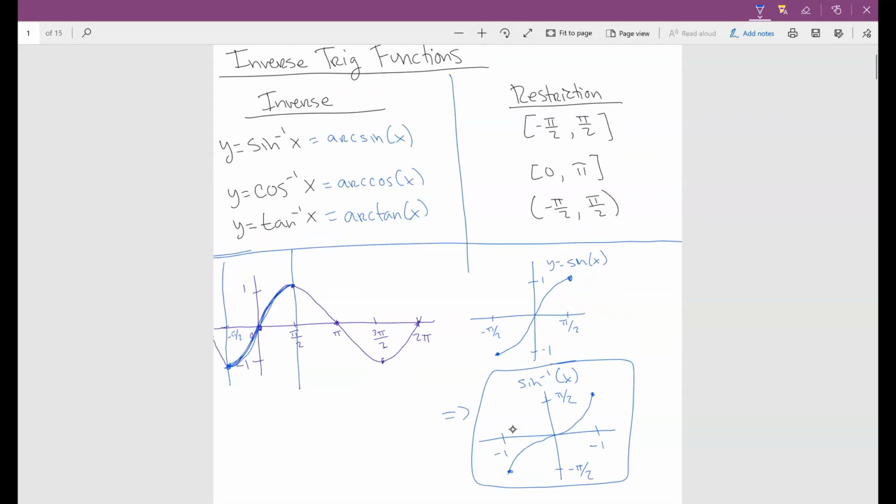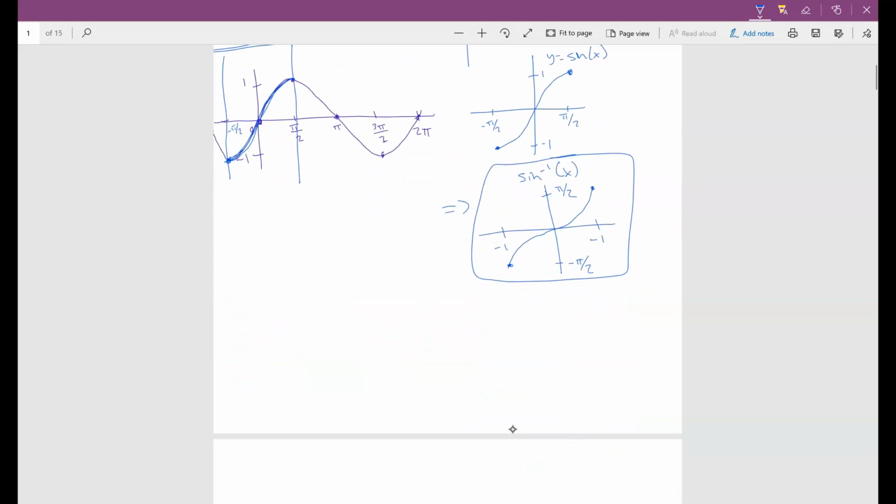One of the good things about the inverses is that we can now find an angle. For example, y equals sine of x: the input here is an angle, and the output is a value. When we look at the inverse of sine, now the input is going to be a value, and the output is going to be an angle. So you kind of swap everything.